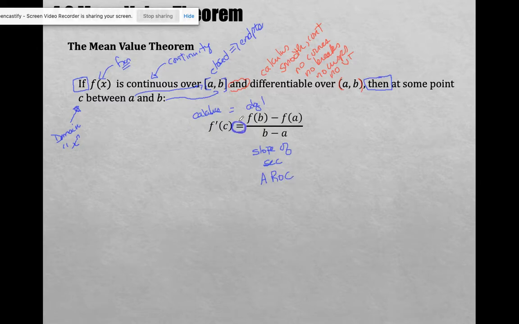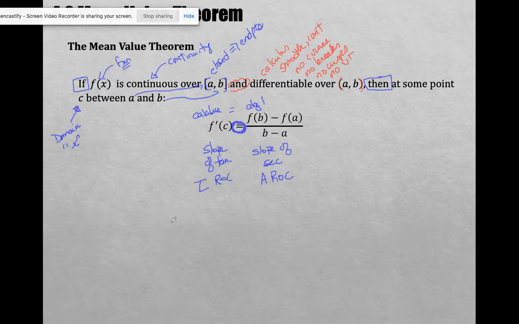If the conditions of the MVT are met, there is a slope of the tangent. That's what the derivative is, right? Slope of the tangent, which is an instantaneous rate of change. They are equal at some place, as long as you satisfy the mean value theorem.